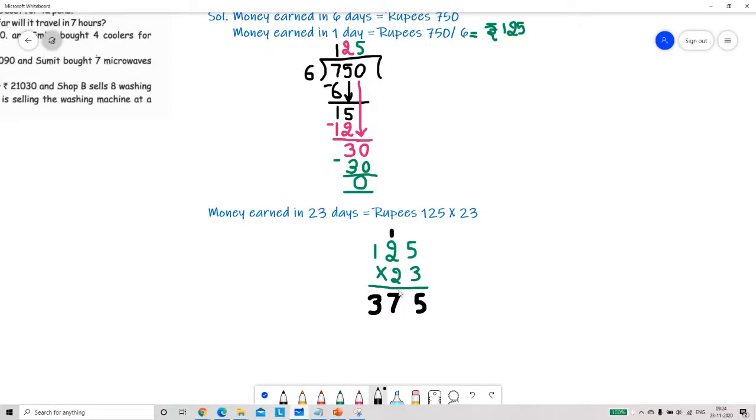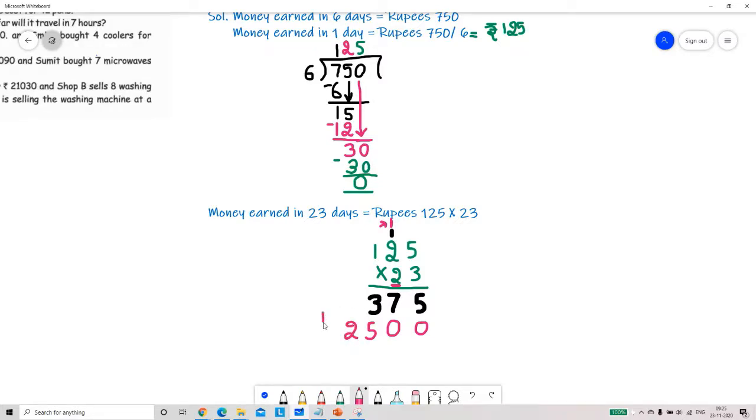Now the next digit is 2. Is it 2? No, it is 20. So we will write the 0 of 20 here first. And now we will start multiplying by 2. 2 multiplied by 5 will give you 10. Very good. 1 will be the carryover. 2 multiplied by 2 will give you 4, and 4 added to 1 will give you 5. And 2 multiplied by 1 will give you 2.